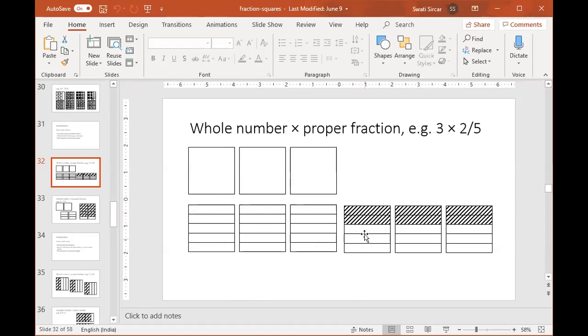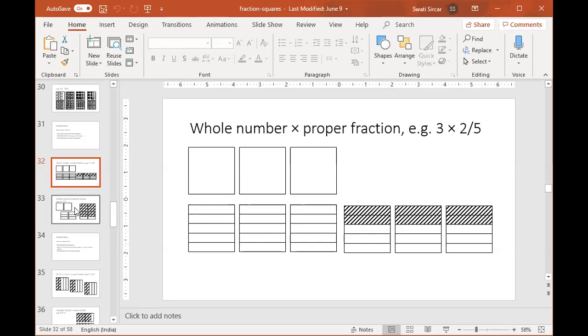So you end up getting 3 times 2 divided by 5. There are 3 times 2 pieces, so 3 times 2 is the numerator, and 5 of each piece make up the whole, so 5 is the denominator.